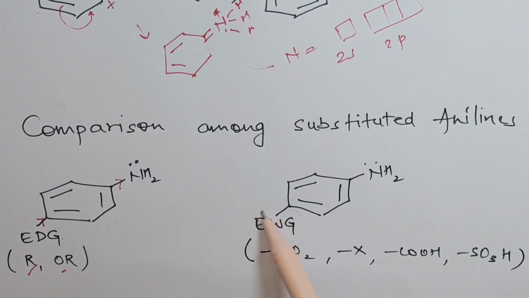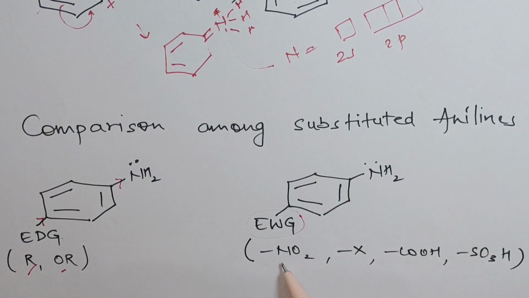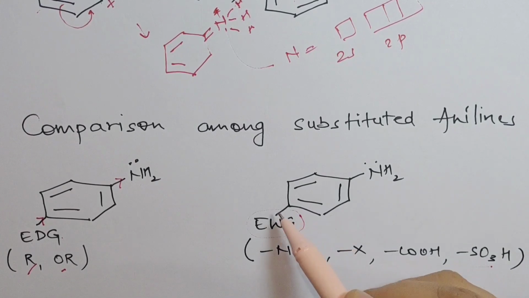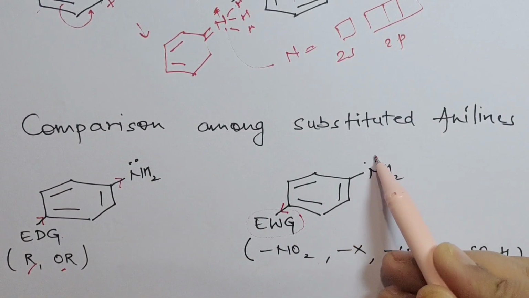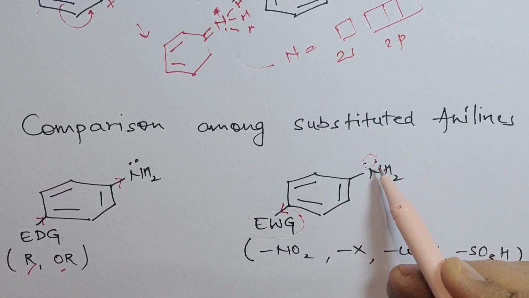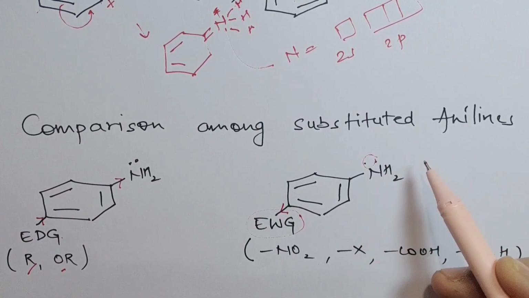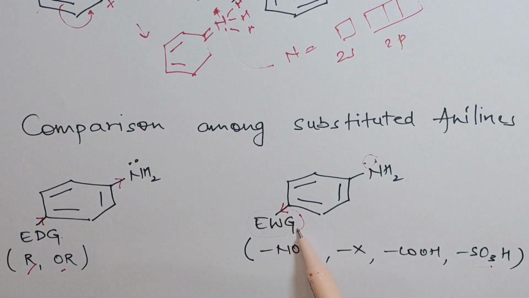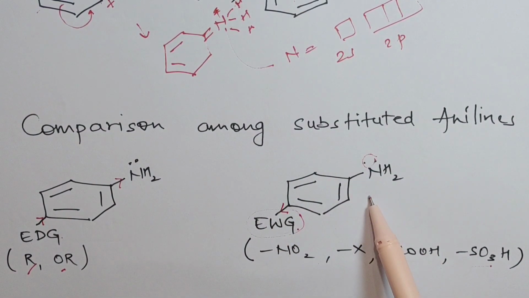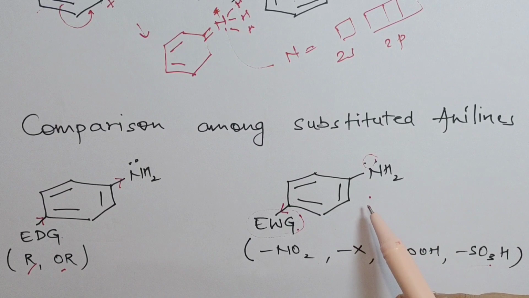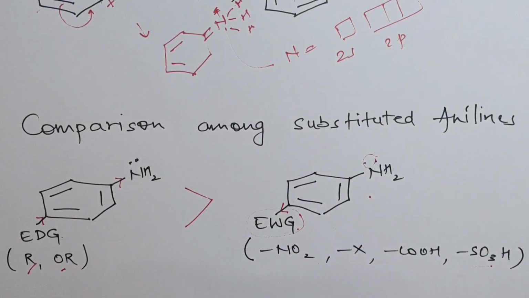But if there is an electron withdrawing group attached, such as these groups, this would withdraw the electron density, making the lone pair of electrons on nitrogen even less available for donation. Therefore, when there is an electron withdrawing group associated with aniline, the basic character would be less. Okay.